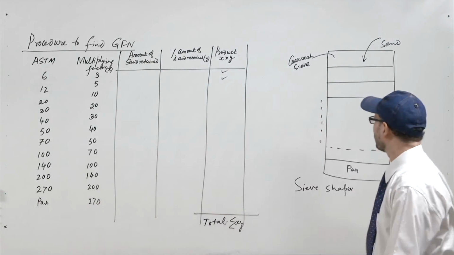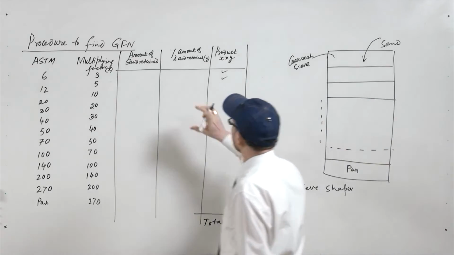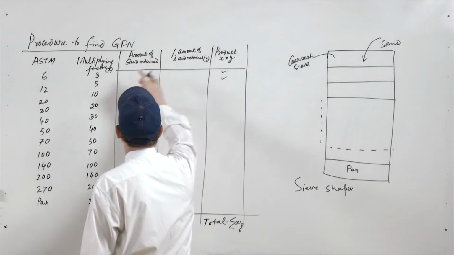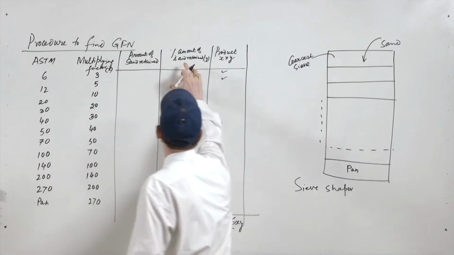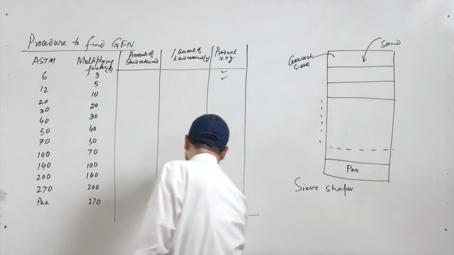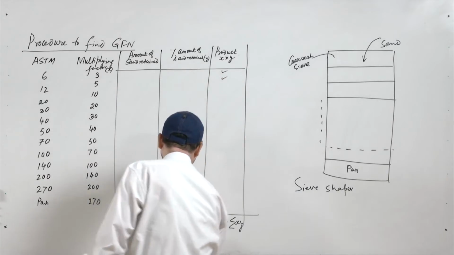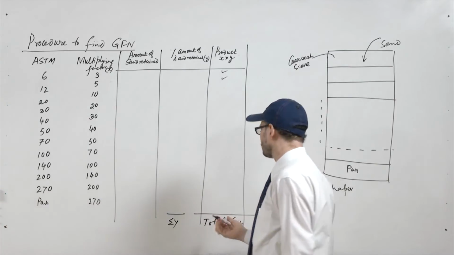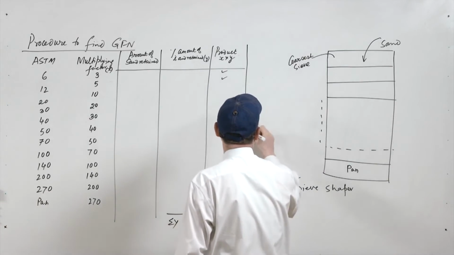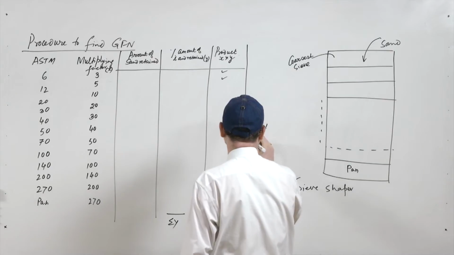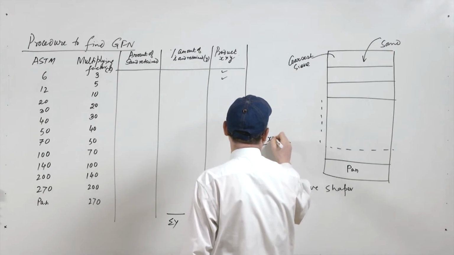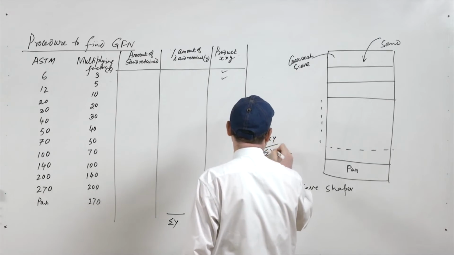So, basically once you get that, and this will be the percentage amount of sand retained, so it will be percentage y, and that will be certainly close to 100. So, grain fineness number is calculated as summation of xy upon summation of y.